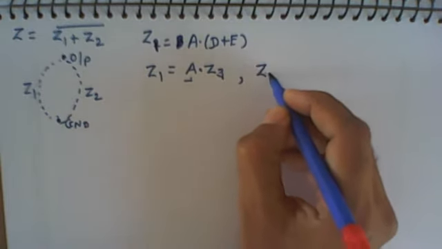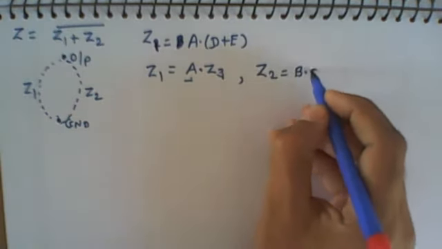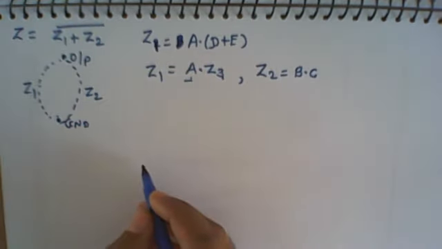Similarly, Z2 is equal to B into C, so B and C both have to be connected in series.